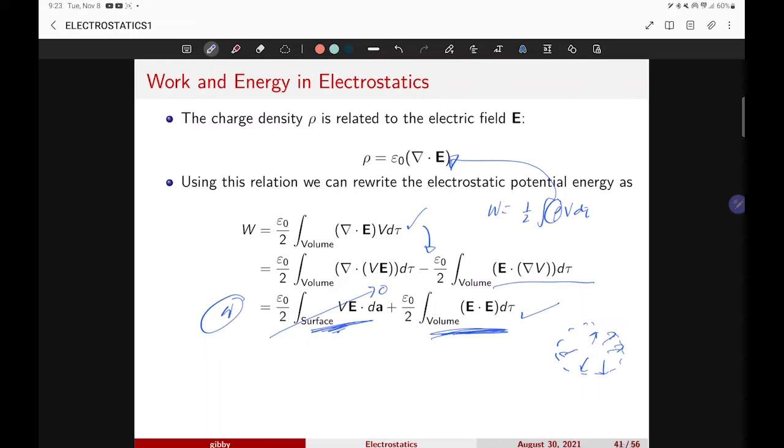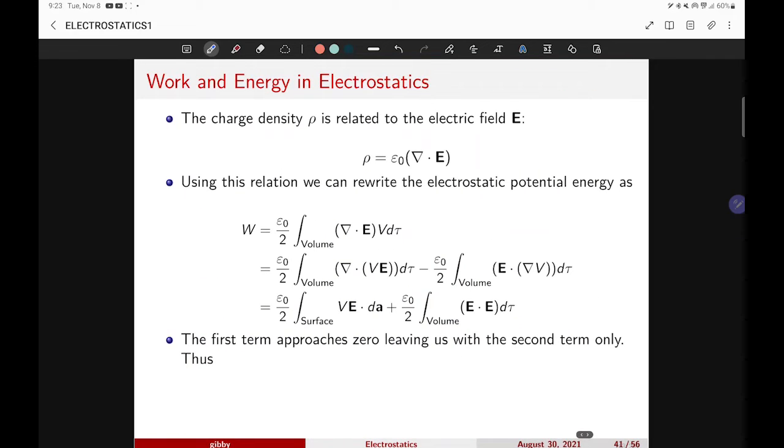So your total electrostatic potential energy is conserved. So your E dot dA will now approach 0, so the dominating term is your second term, which is given by this. As I've said, the first term approaches 0, leaving us with the second term only, while the first term vanishes.